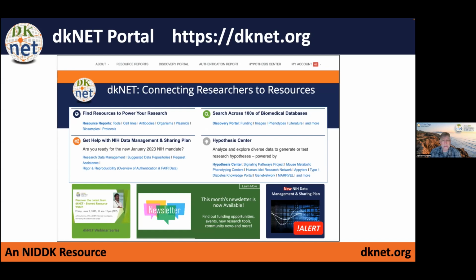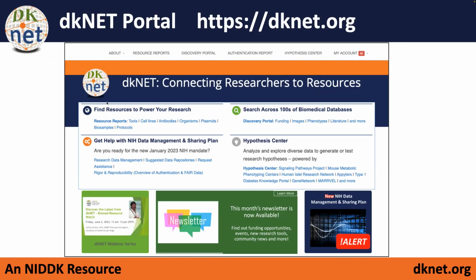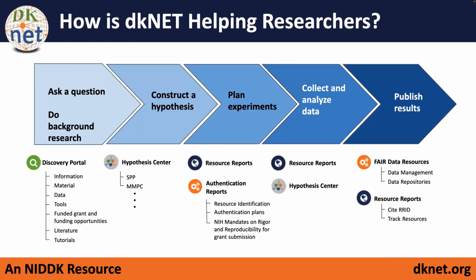Through the portal itself, if you look at the top left box here, that's where we have the information about finding resources to help power your research, and this includes tools, cell lines, antibodies, organisms, plasmids, and more. These tools are available at different stages of the research life cycle.